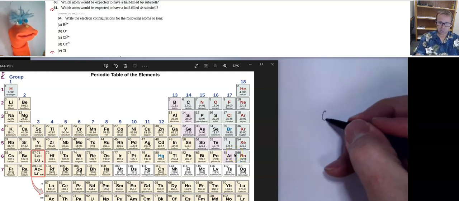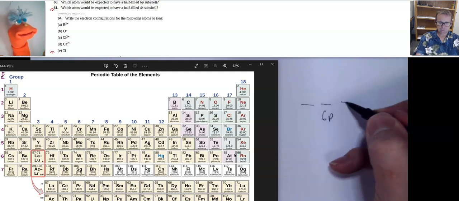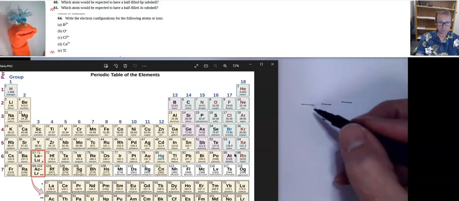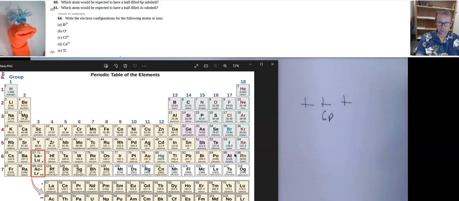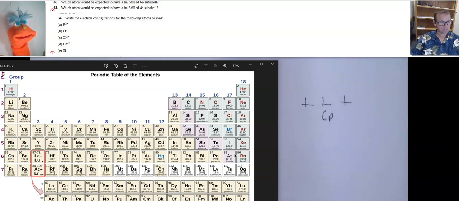What does that 6p subshell look like, do you know? It has 3 orbitals, right? So if I have half filled, there's going to be 3 electrons in those 3 different orbitals. So what does that mean? It means that we end in 6p3, right? So that would be bismuth here, 6p3. Oh, okay, I got it.